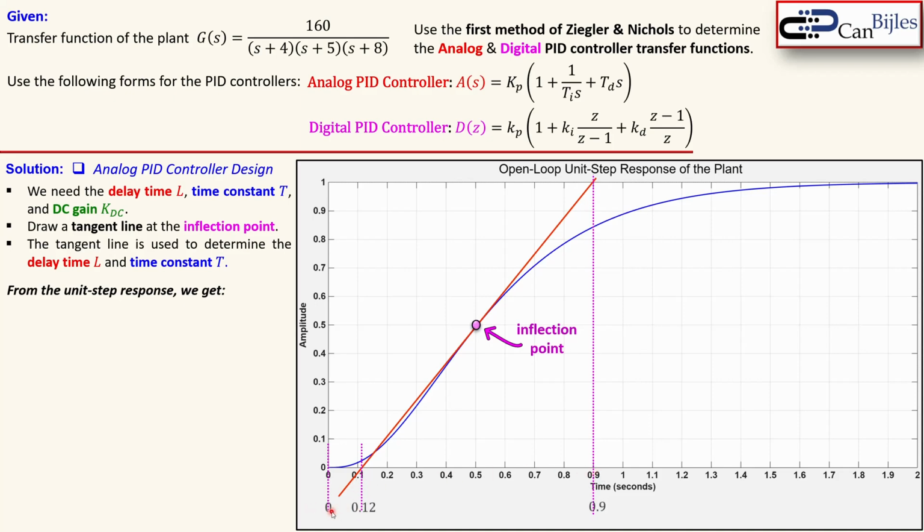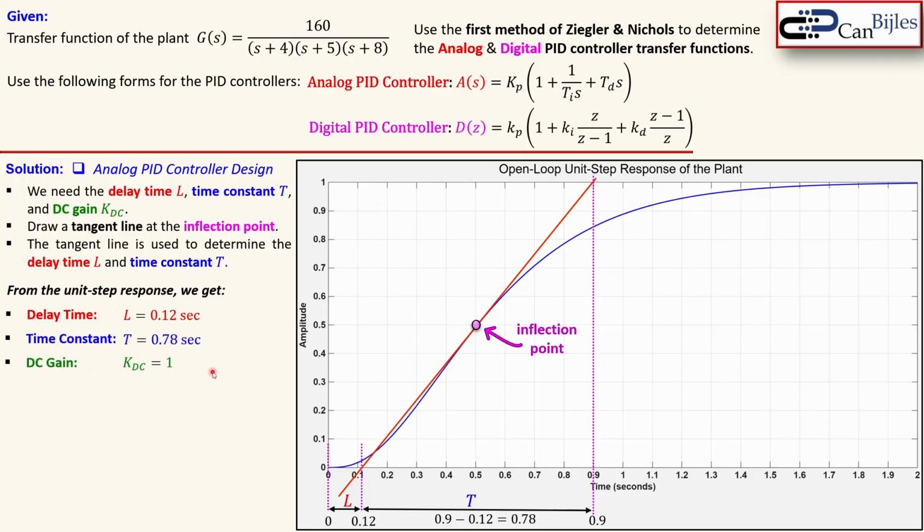So this is 0.0 to 0.12, or approximately 0.12, so I just read it off here, and this is 0.9. This distance is L, and this distance is T. So this is 0.12 seconds, and this is 0.9 minus 0.12, which is 0.78. So the delay time, as said, is 0.12 seconds. That's now determined from the unit step response. Time constant 0.87, and we have a DC gain of 1. Why? Because you apply 1, and you get also 1.